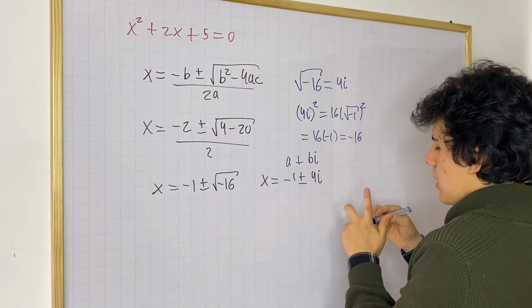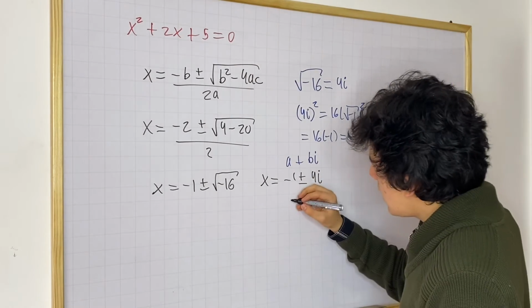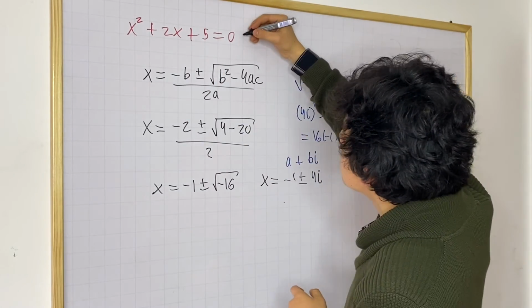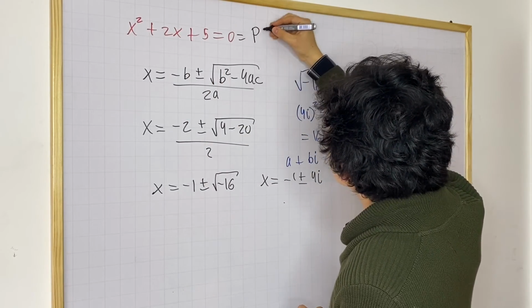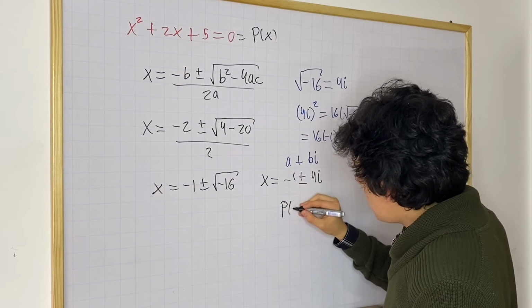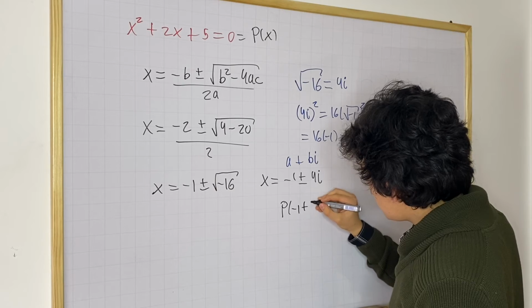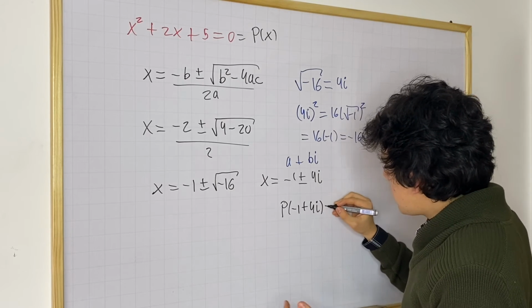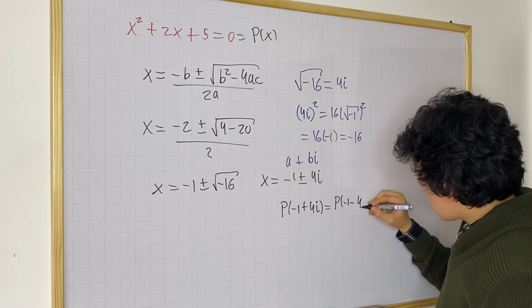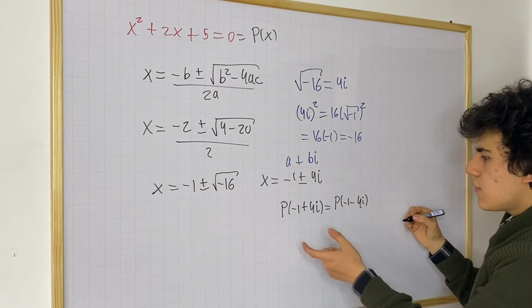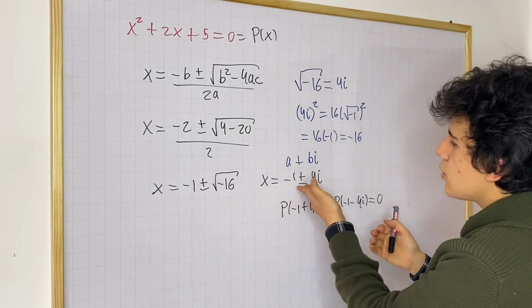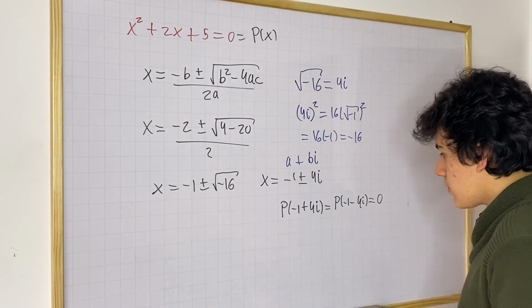If we define that as p of x, then p of minus 1 plus 4i is the same as p of negative 1 minus 4i, because both of these are just going to give me 0, okay? Because that is the solution to this quadratic equation.